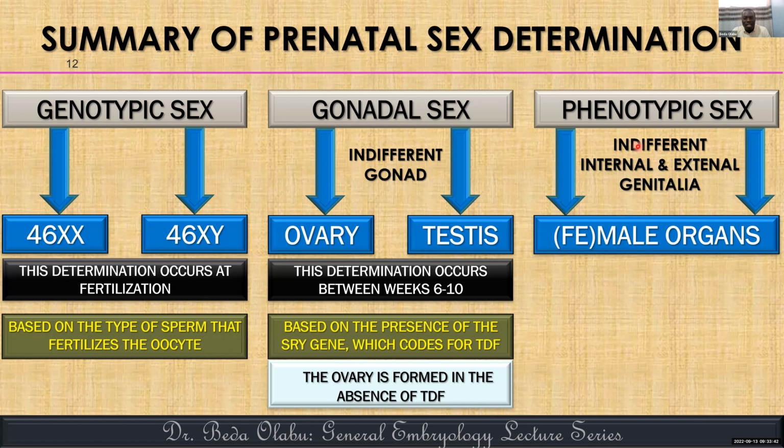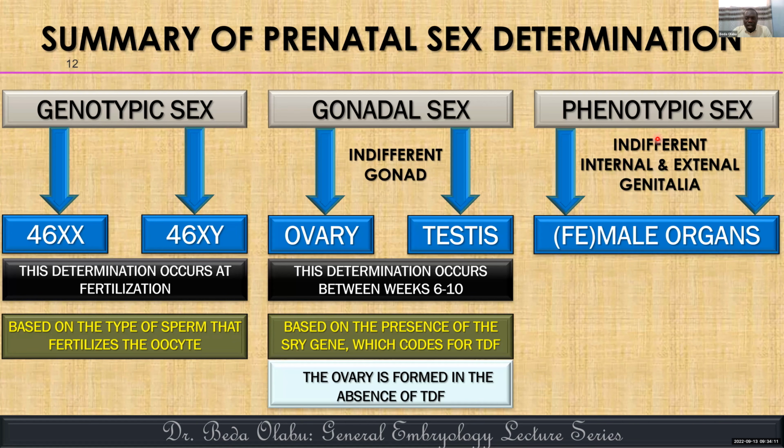Is it the male genitalia, where internally you have the prostate, seminal vesicles, vas deferens, and the like, and externally there is the scrotum and the penis? Or is it the female genitalia, where externally you have the vulva, and internally you have the uterus, fallopian tube, vaginal canal, and the like?